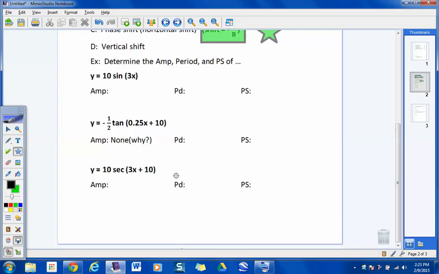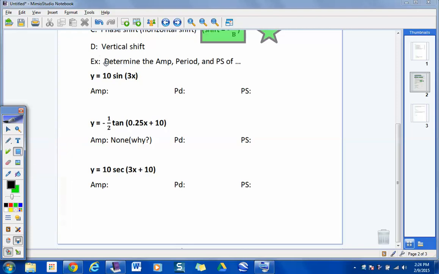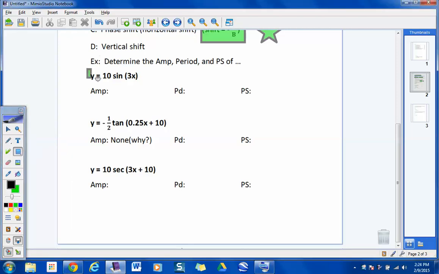So I've got an example down here. It says determine the amplitude, period, and the phase shift of what? Well, what's our function right here? Y is equal to 10 times the sine of 3x. Okay, I'm going to go back here real quickly. First of all, the amplitude. And I like to write this down here quickly.